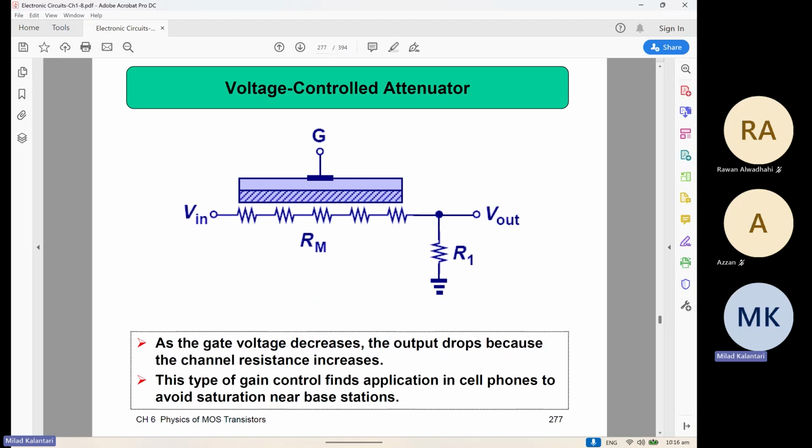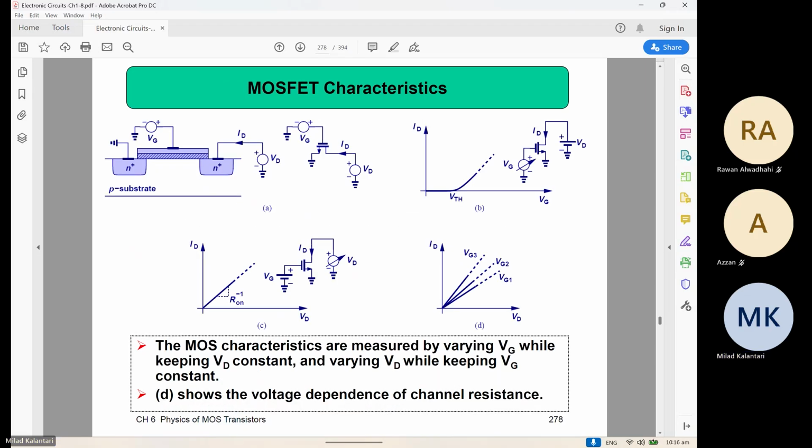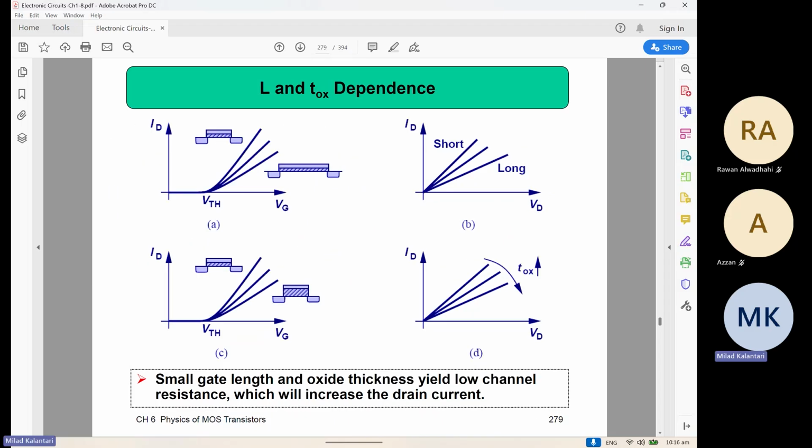So we were talking yesterday about how this current may change based on the thickness of the dielectric or the length of the channel.